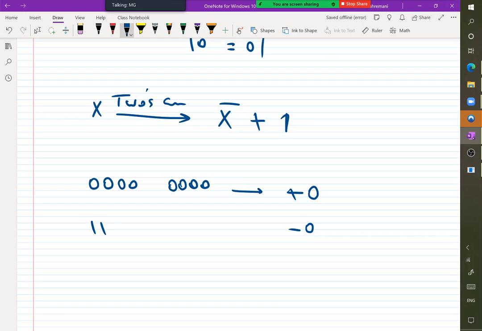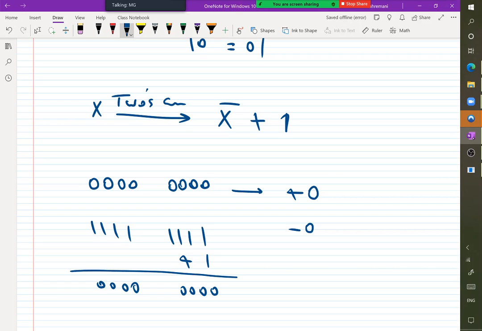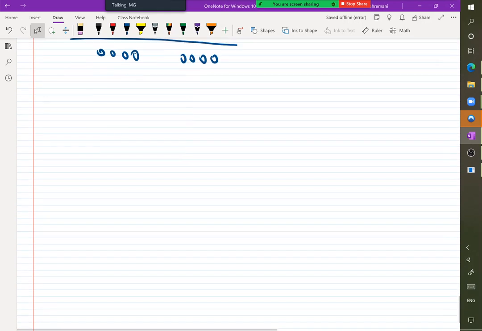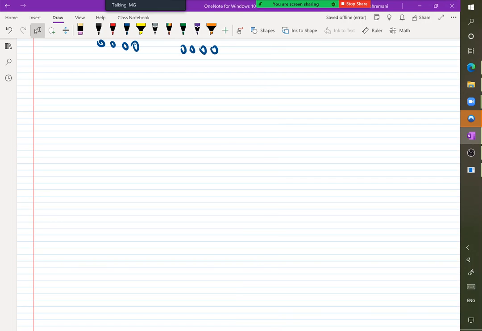Let's complement it. 1 1 1 1 1 1 1 1 plus 1. The result is 0 0 0 0 0 0 0 0. You see? So both negative 0 and positive 0 are the same. Okay, so this problem is also gone. We don't have any problem with two zeros.